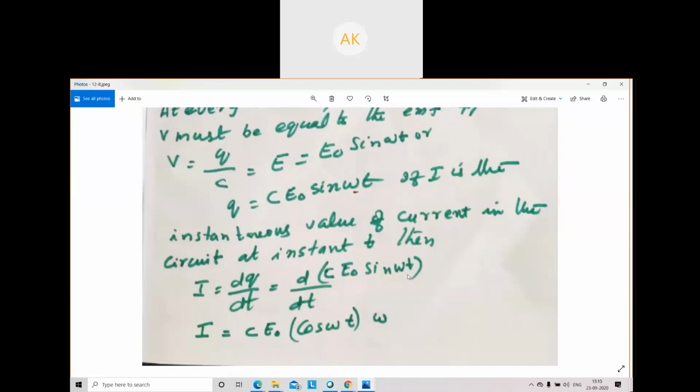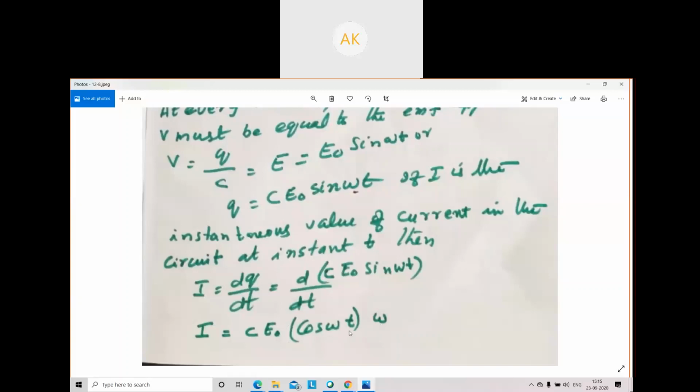Again, we have to differentiate this function: d by dt of omega t, that is omega into dt by dt. dt by dt is 1. So omega is there. With that, you have to multiply this. So C E0 cos omega t into omega. We got the equation. Remember this equation? I equal to C E0 cos omega t into omega.